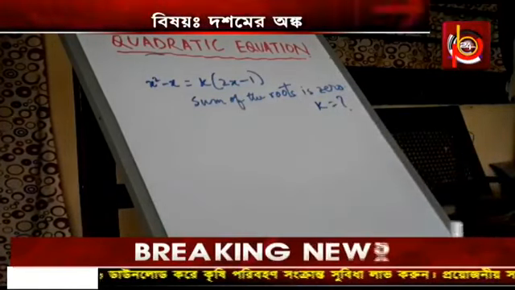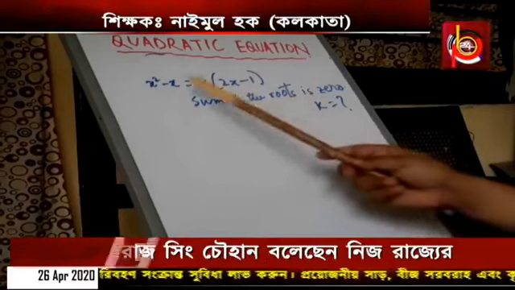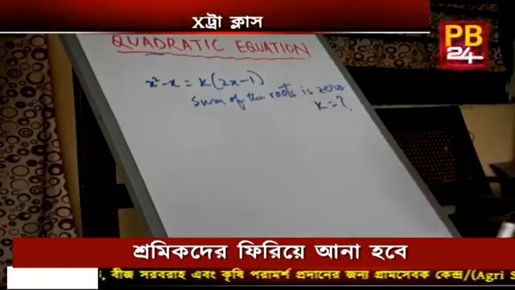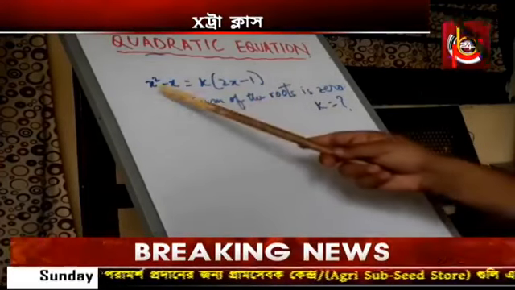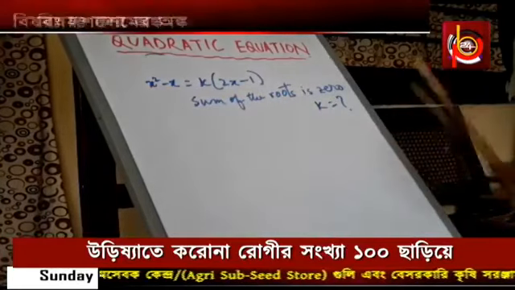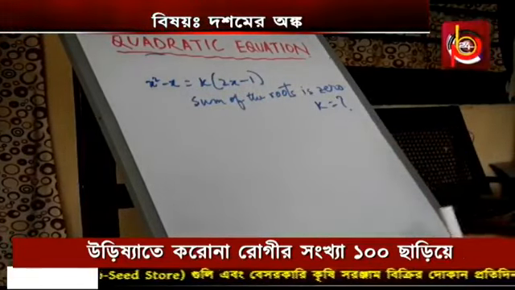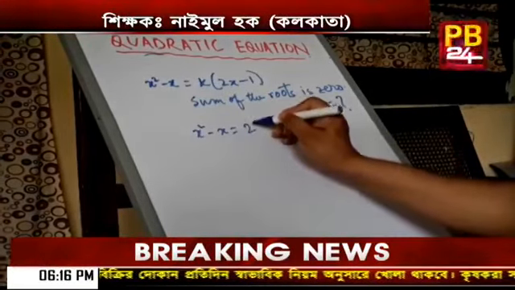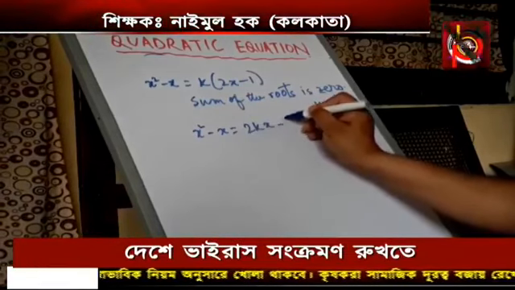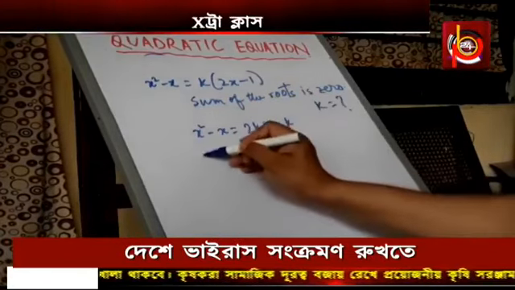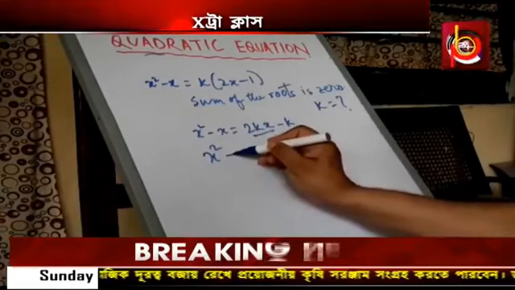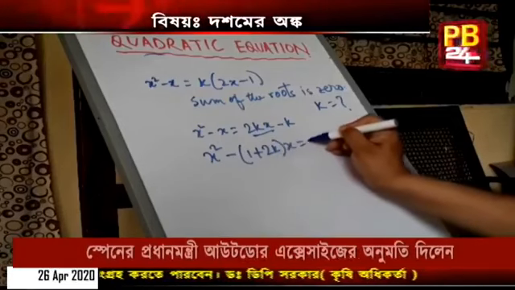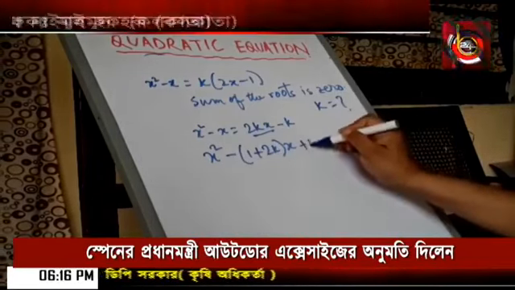This is a very simple sum, and sometimes students do not change it into the ax square plus bx plus c equals to 0 form, and they start solving the sum and fall into problems. So what happens? See, x square minus x equals to 2kx minus k, and this should go there: x square minus of 1 plus 2k whole into x, plus k equals to 0.